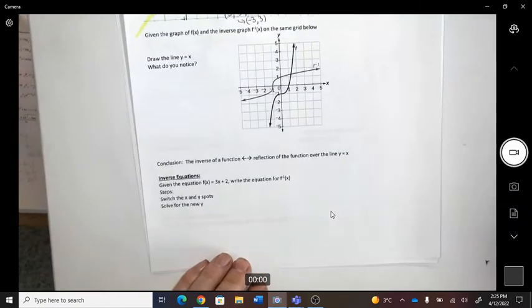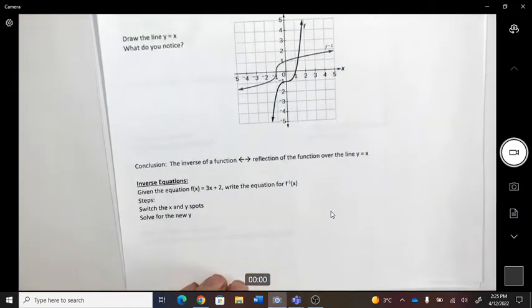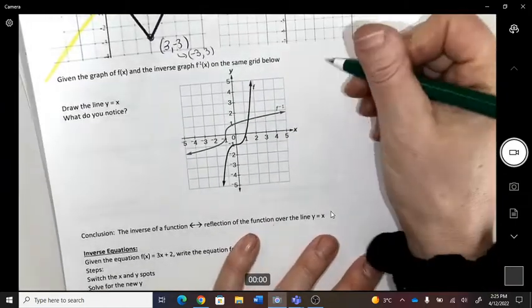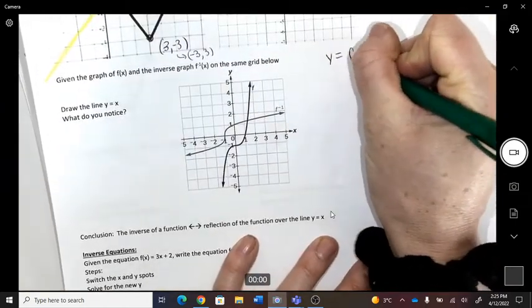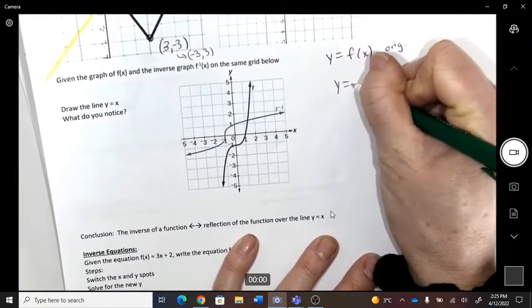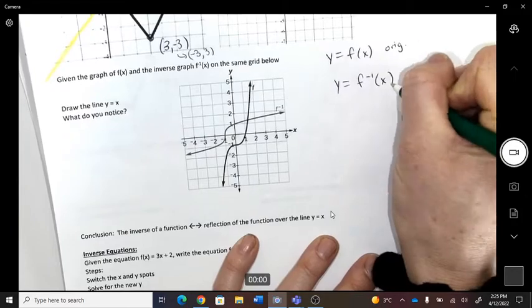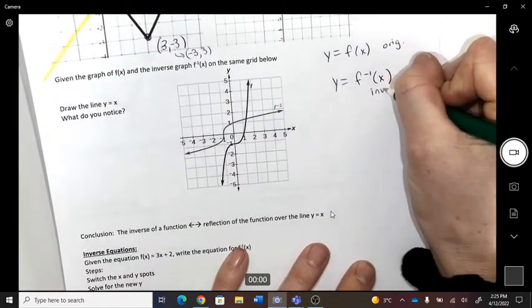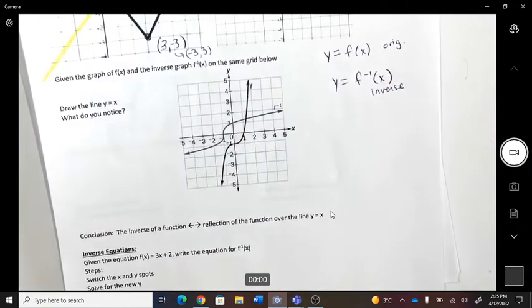Okay, so yesterday we learned an inverse function, which if your original is this, then this tells me it's an inverse. That was the language that was used.